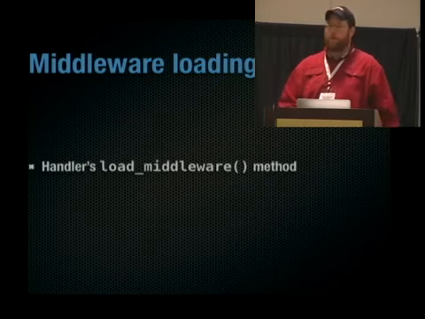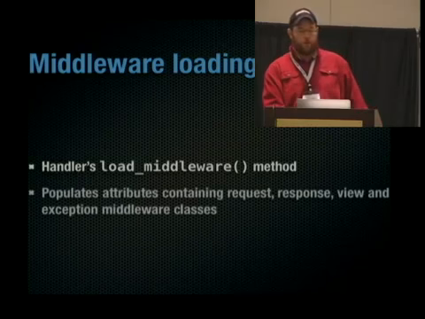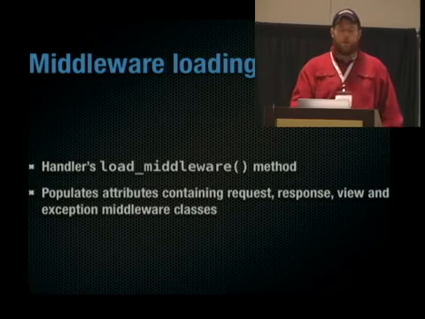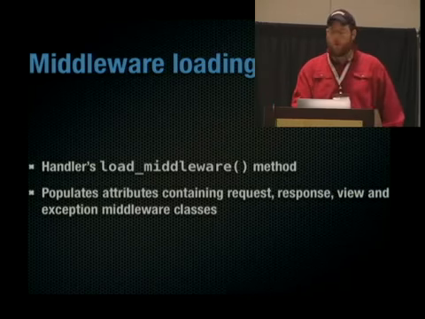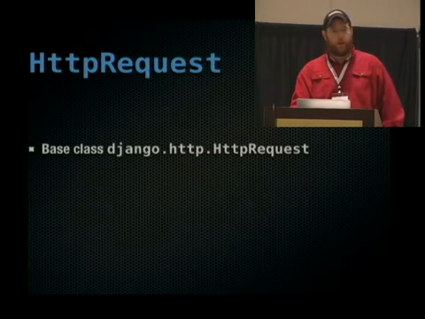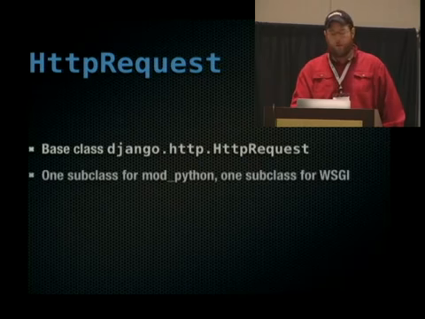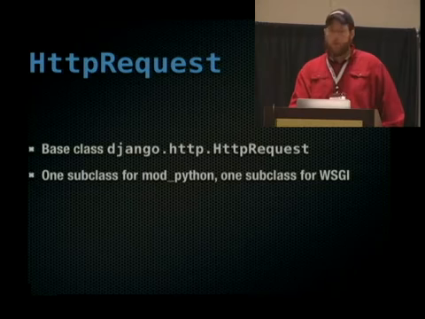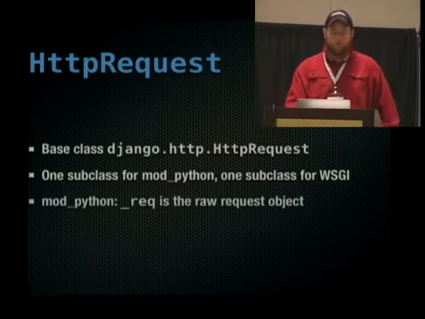Middleware loading is done in a method called loadMiddleware. It populates attributes for the request, response, view, and exception middlewares. We initiate our HTTP request. The base class is django.http.HttpRequest. Again, we have subclasses, one for ModPython, one for WSGI. Going forward, there will only be the WSGI one.